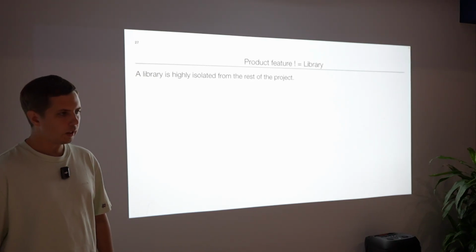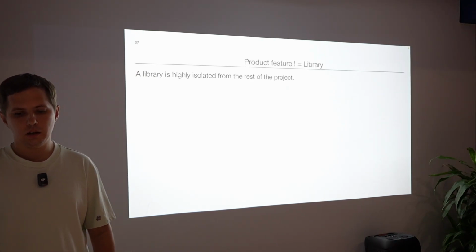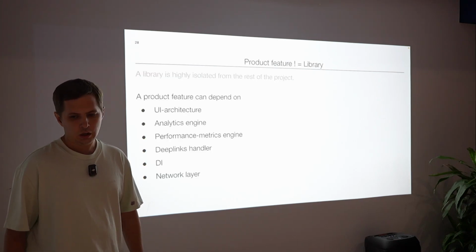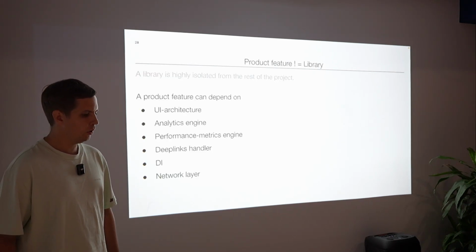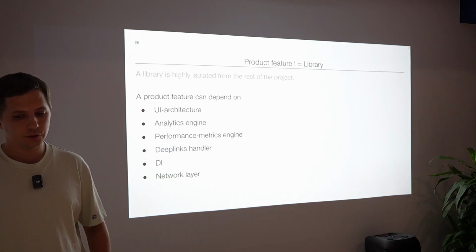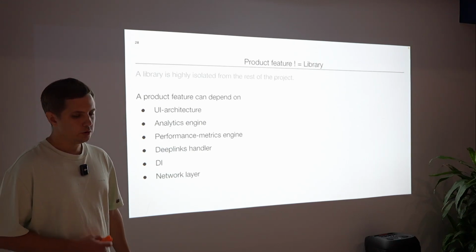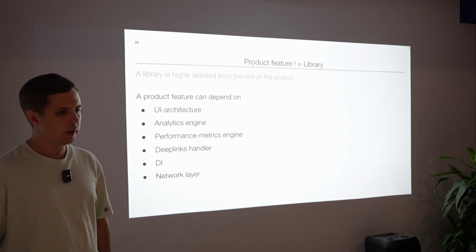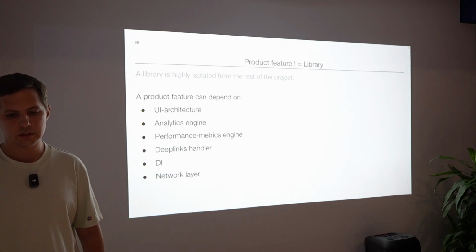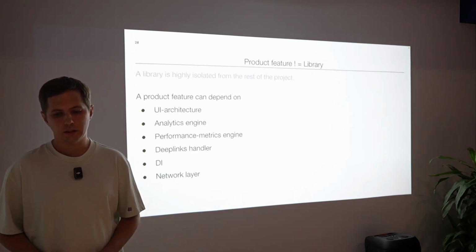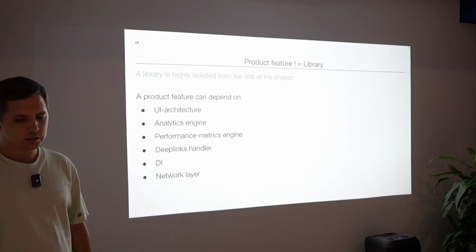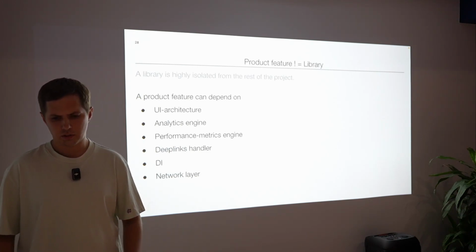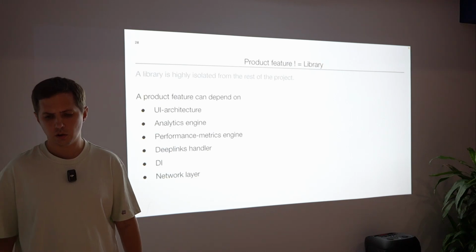And while a library is highly isolated from the rest of the project, a product feature usually depends on some of your platform libraries of your application. So it means using some UI architecture, using some engines for analytics and performance metrics, using some deep link handler or navigation, some DI, some common parts of network, such as sessions, authorization, and so on.